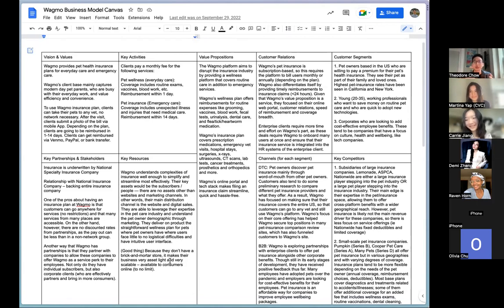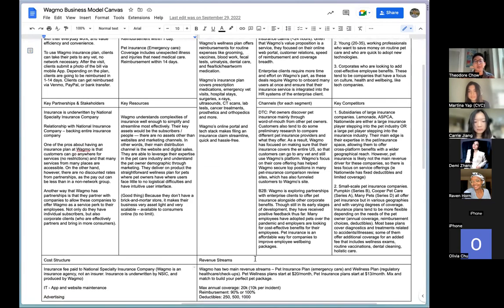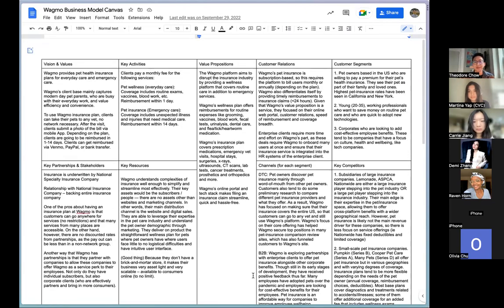Essentially you really want to make sure that you're writing what your business does and all of its different aspects, resources, stakeholders, and competitors into one very succinct page, and also how through the customer discovery process, you're crossing things out and changing what your assumptions once were in order to improve your awareness and understanding of your own business. So does anyone have any questions about Wagmo specifically? If not, I can also go into another business model canvas, which is also pretty interesting.